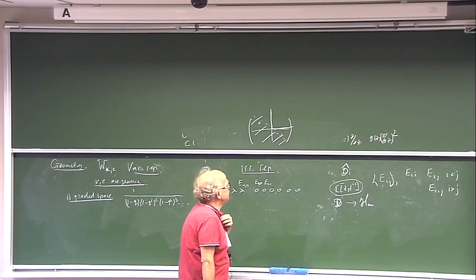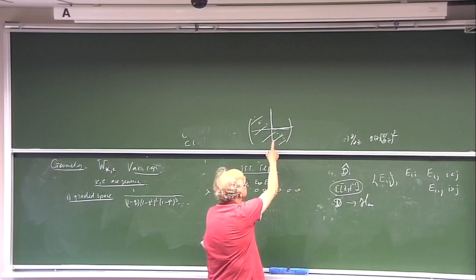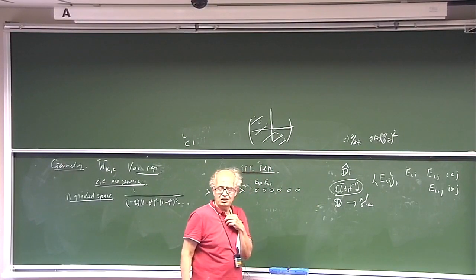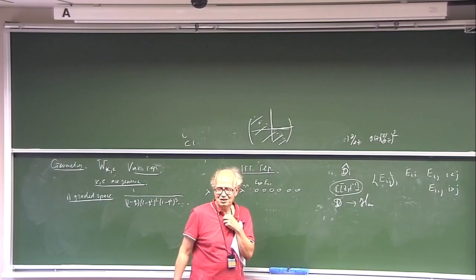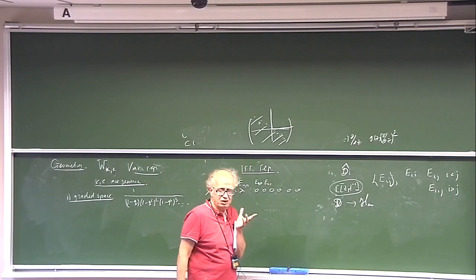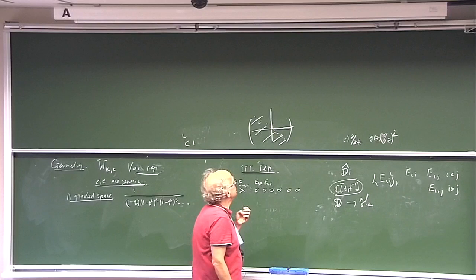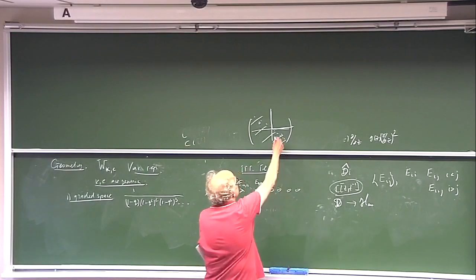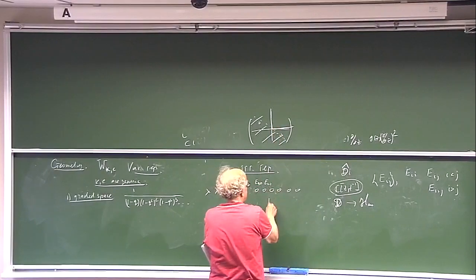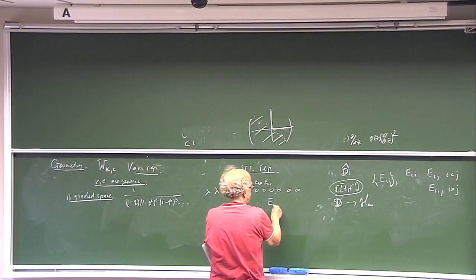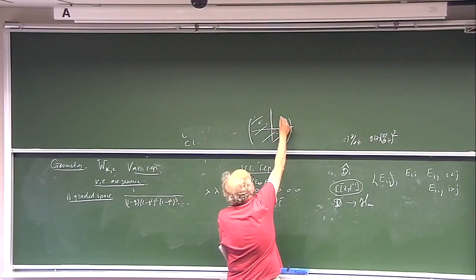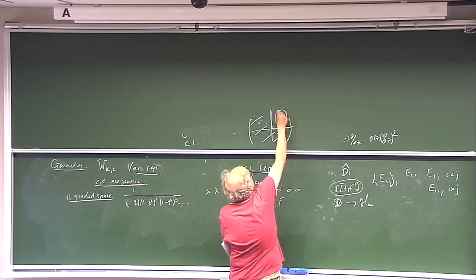Yes, and if lambda is generic, then this induced representation is irreducible, and because it is irreducible, as a representation this is a polynomial ring in what? In these Eij. This representation is a polynomial ring in this.